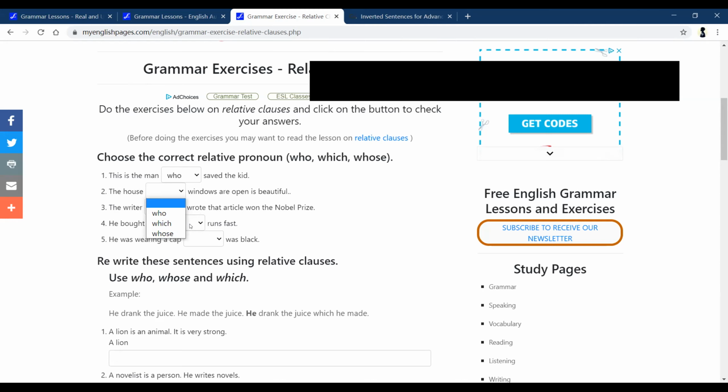When you're using "which", we can use it to describe things, including objects. So it seems like we can choose "which" here, but it doesn't make sense to say the house which windows are open is beautiful.